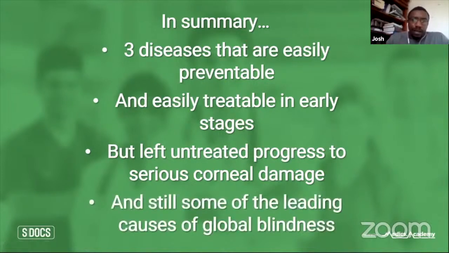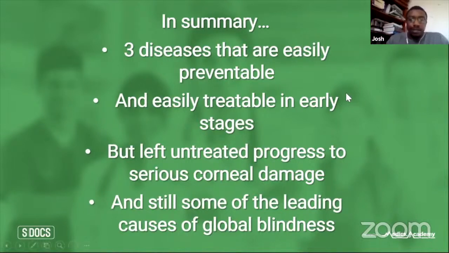And that last bullet point is just to really reiterate that point. These are 3 easily preventable diseases, and yet they're still some of the leading causes of global blindness and visual impairment. Please look back at part 1 if you want to see other causes of global blindness and visual impairment.